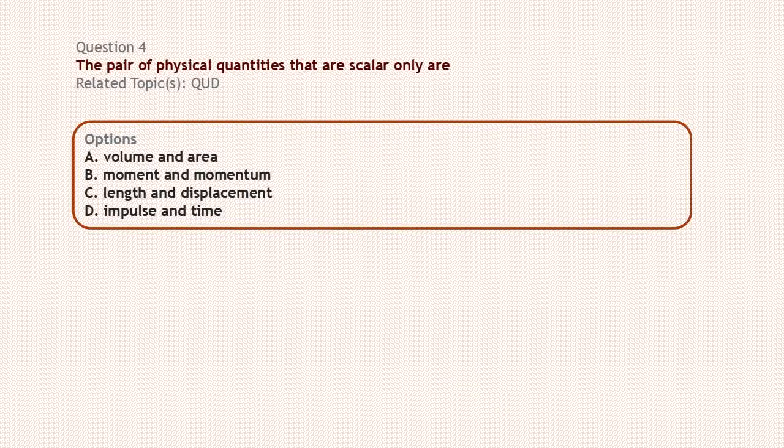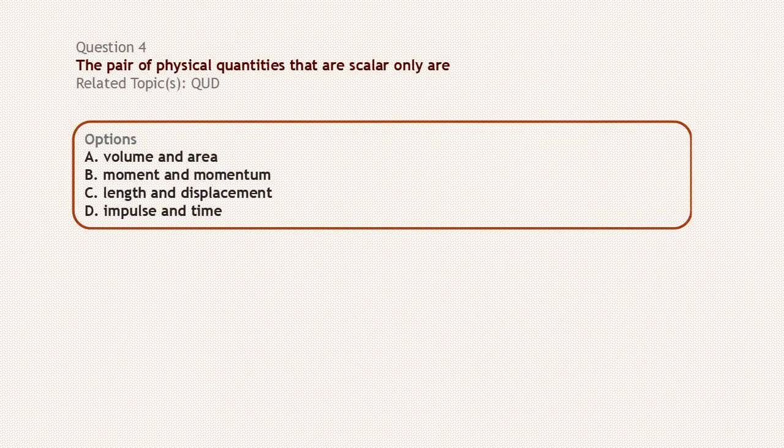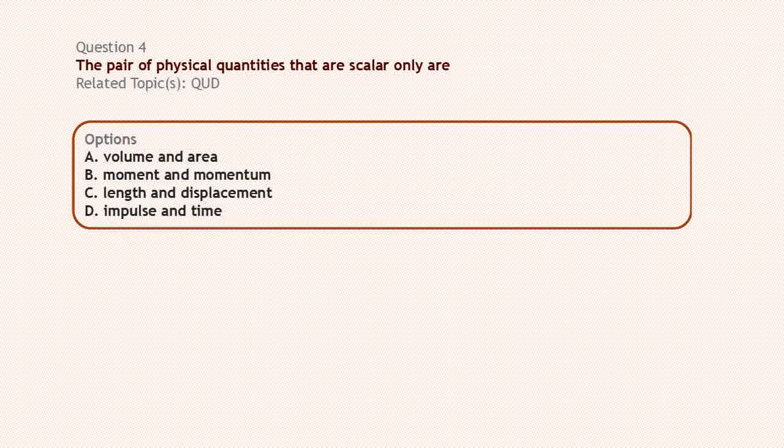Next question: the pair of physical quantities that are scalar only are. So physical quantities are classified as scalars or vectors. Scalar quantities are those quantities that require magnitude only, while vector quantities are those quantities that require magnitude and direction for their specification.